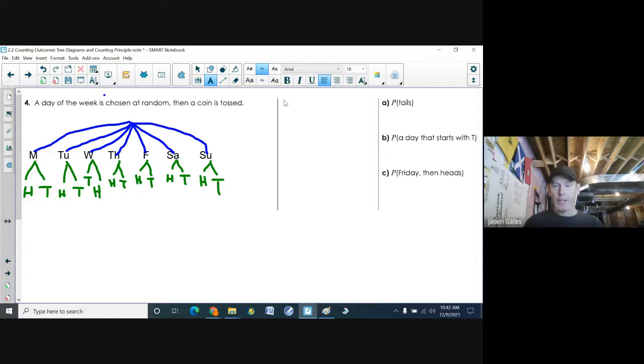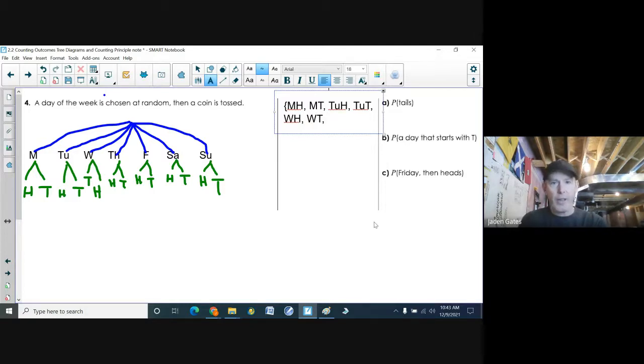Which means when we do our sample space of all the possible outcomes, again, that's where we've got our squiggly brackets here. So let's see. The first branch here, we have Monday, then heads. We've got to have Monday, then tails. Then Tuesday, heads, and Tuesday, tails. Next up, Wednesday, then heads, and Wednesday, tails.